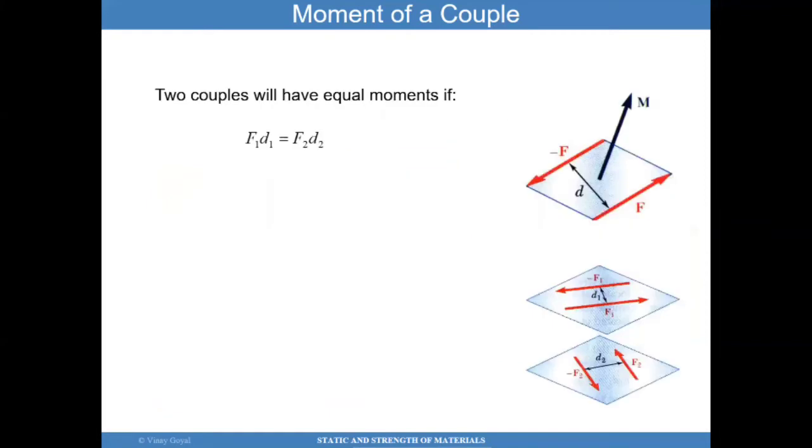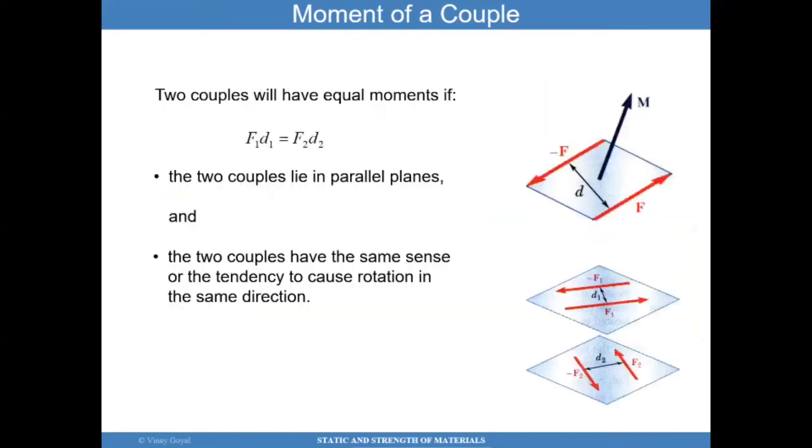Two couples will have equal moments if force F1 times distance 1 equals force F2 times distance 2. It's possible that could happen. The two couples lie in parallel planes, and the two couples have the same sense, or tendency to cause rotation in the same direction.